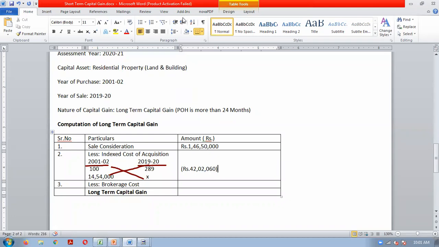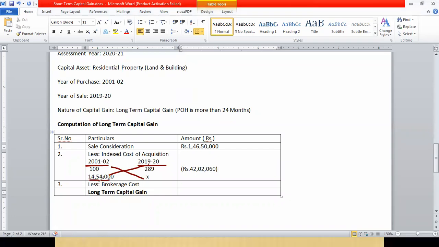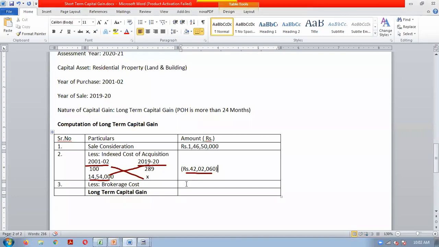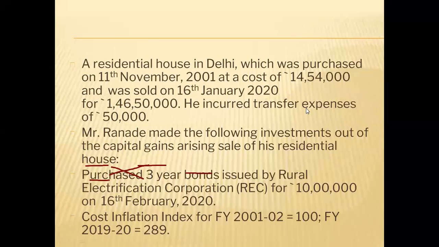So this is the indexed cost. Now you can understand the difference. In 2001, you purchased the house for 14 lakh 54,000. The same house's cost today will be 42 lakh 2060 based on the cost inflation index. Okay, and other related expenses are given.